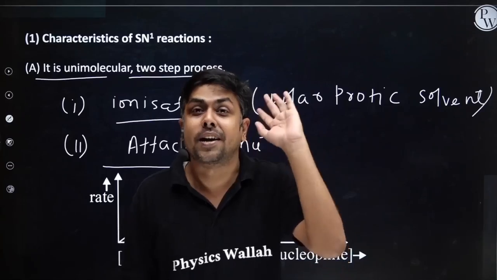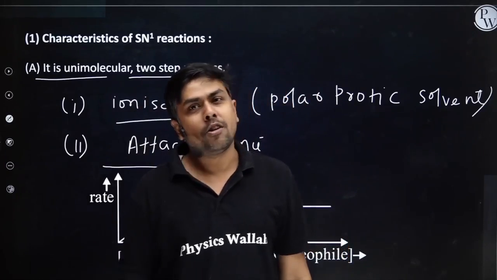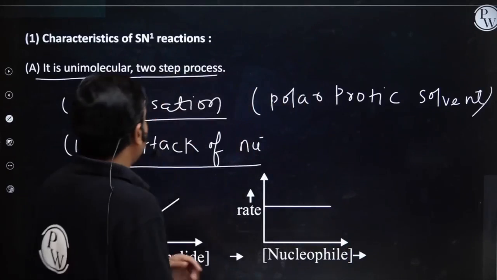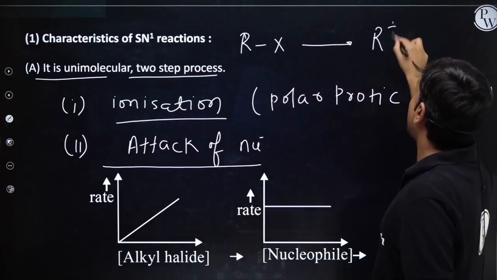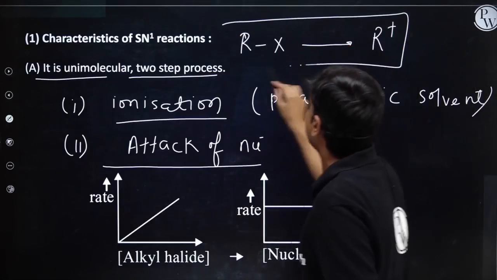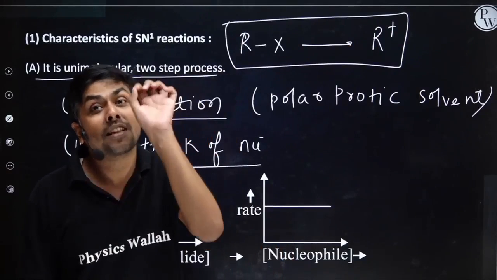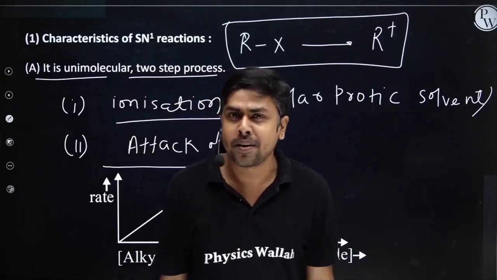Formation of carbocation. Whenever a carbocation is formed, the formation of carbocation always occurs in slow step. Why? Because a neutral molecule RX is getting converted to a charged species, R positive. So this step is relatively a slower step, and slower step is the rate determining step.